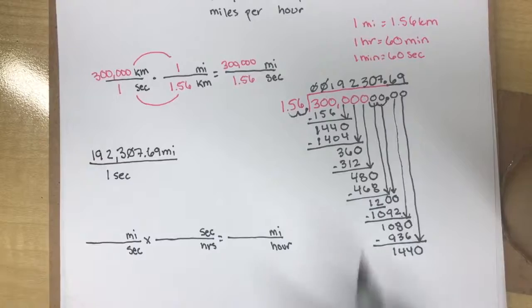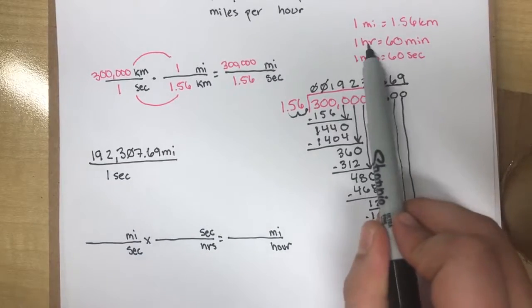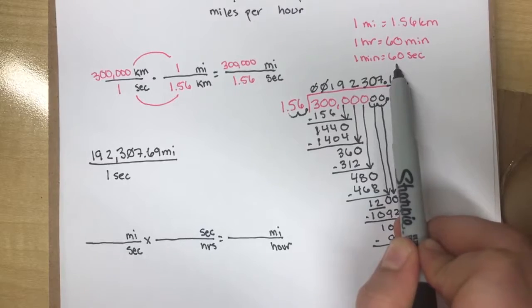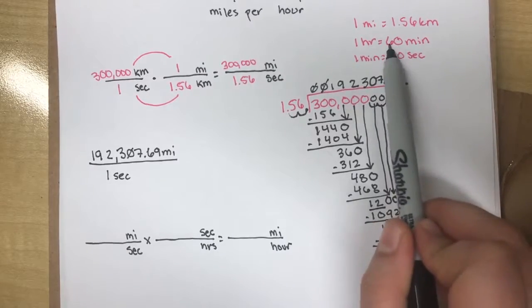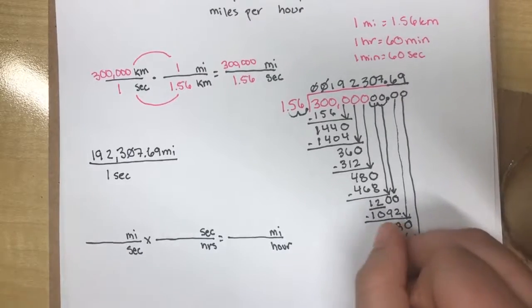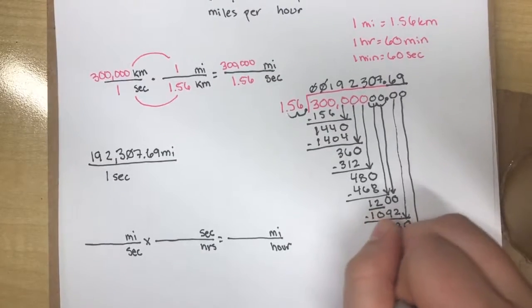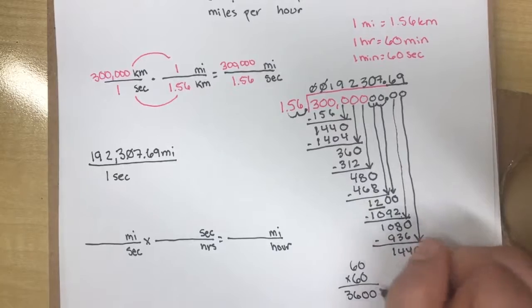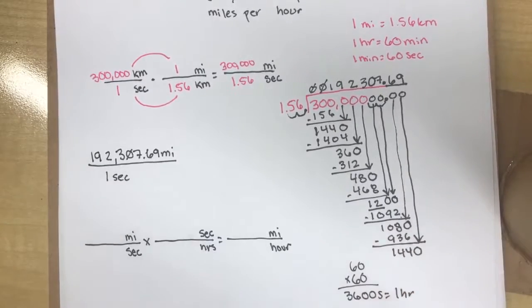Okay. And since I know that 1 hour is equal to 60 minutes and 1 minute is equal to 60 seconds, then 1 hour is equal to 60 times 60 seconds. So 60 times 60 is 3,600 seconds in 1 hour.